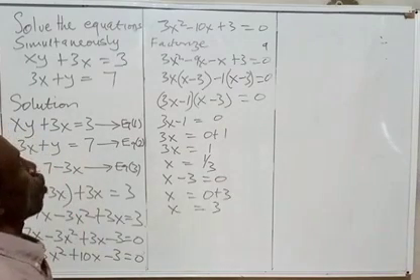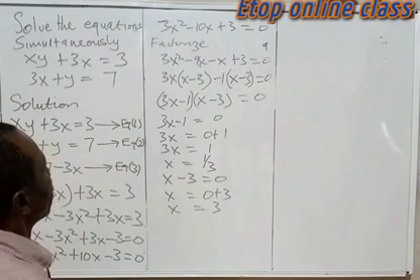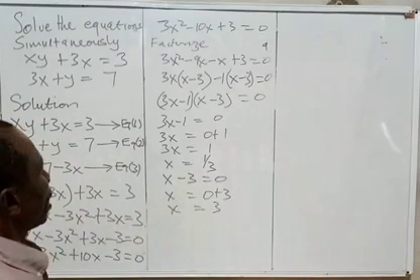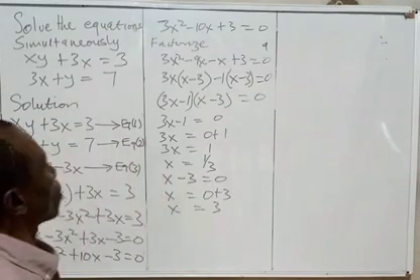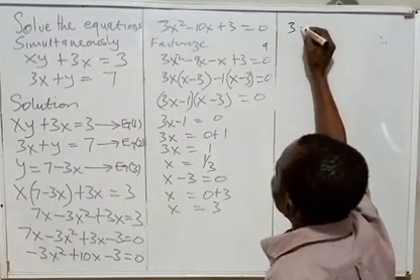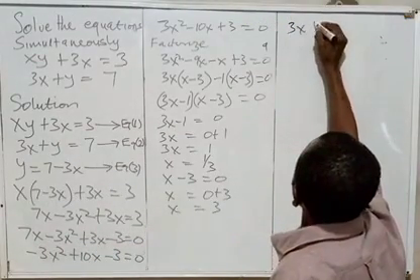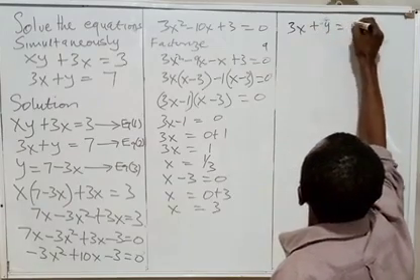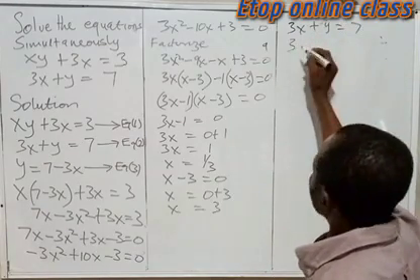Since we are solving it simultaneously, we have to get the values of y also. So I now substitute these values of x into equation 2. I now have 3x plus y equals 7.